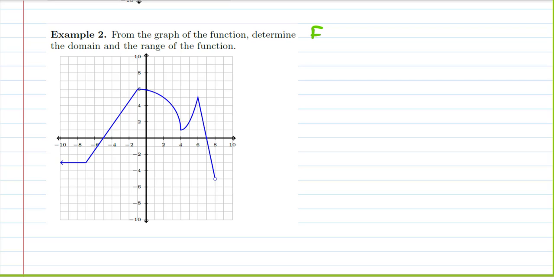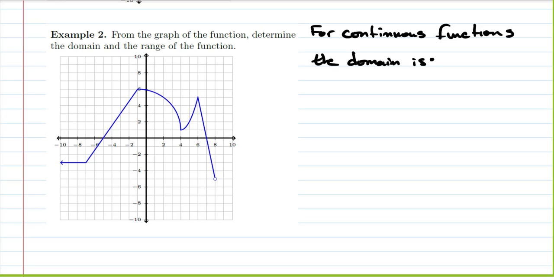For continuous functions, the domain is going to be smallest x to largest x.